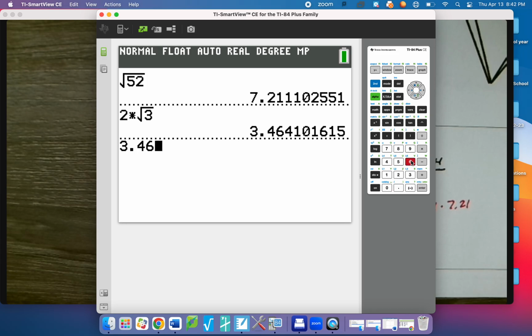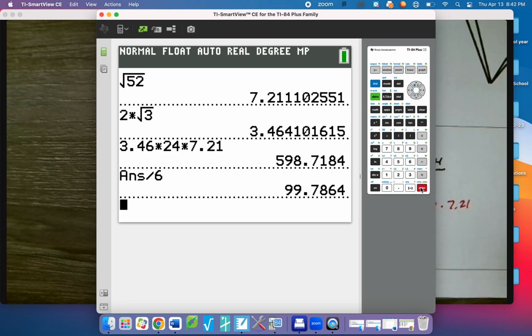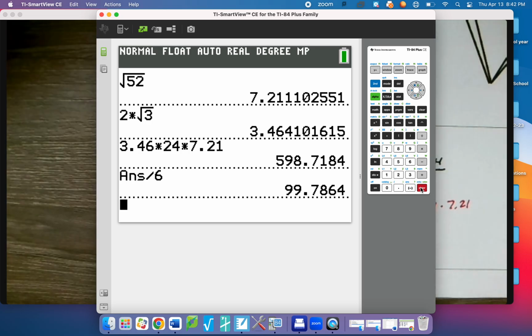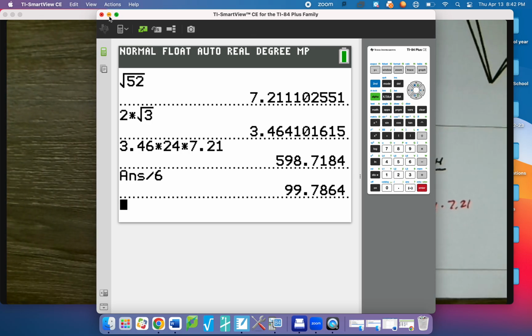So 3.46 times 24 times 7.21. We divide that answer by 6. And so the volume of this pyramid is 99.79 meters cubed.